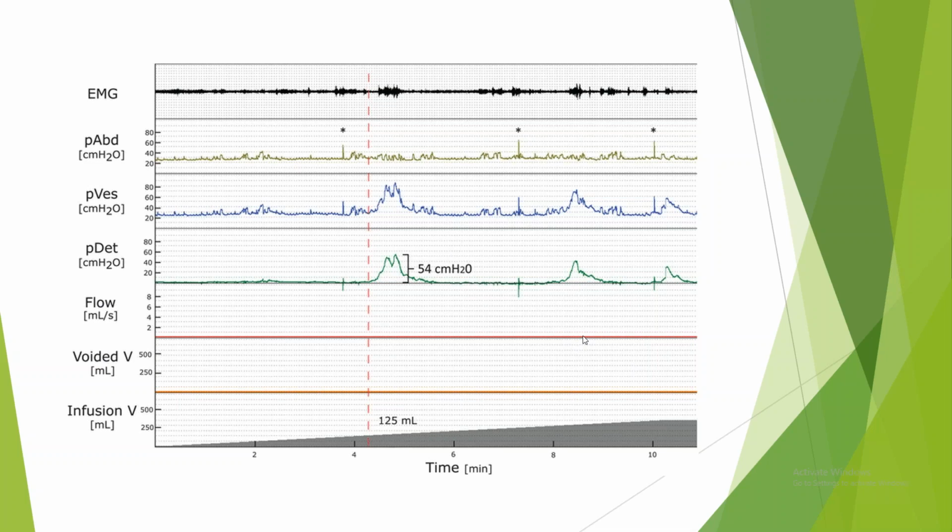The leak will be seen in the flow, or they will write that it is a leak in the graph. So here it is not associated with any leak, but there is a rise in the vesical pressure along with detrusor pressure. So it is detrusor overactivity without incontinence. It is the complete interpretation of this graph. But here voiding cystometry is not provided.